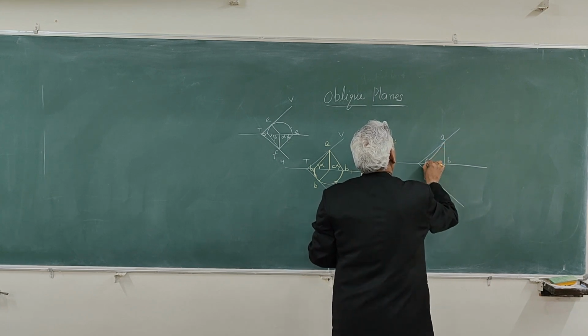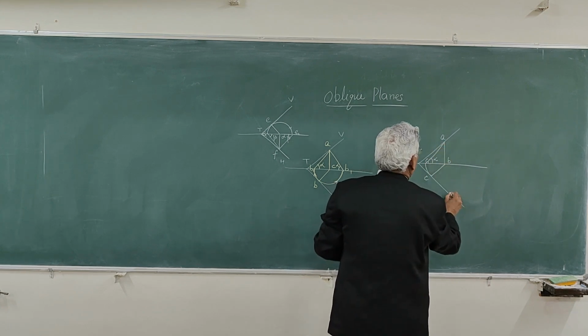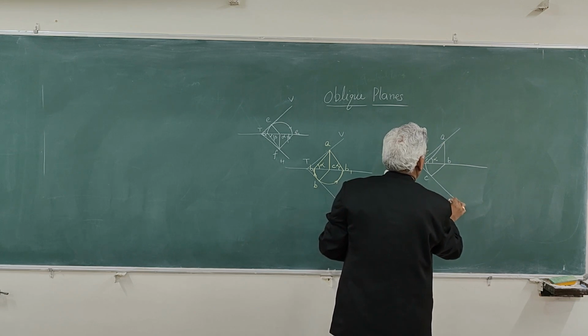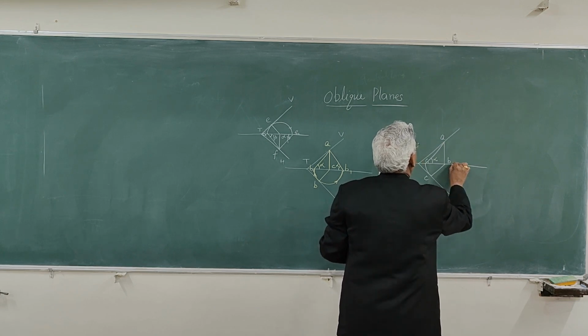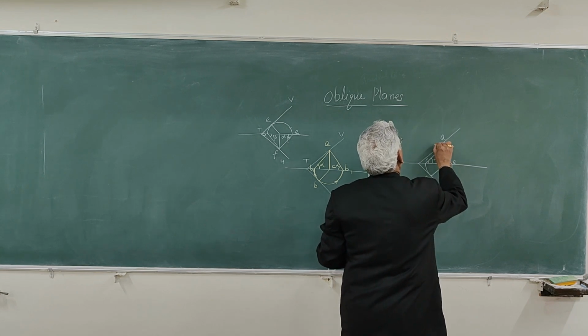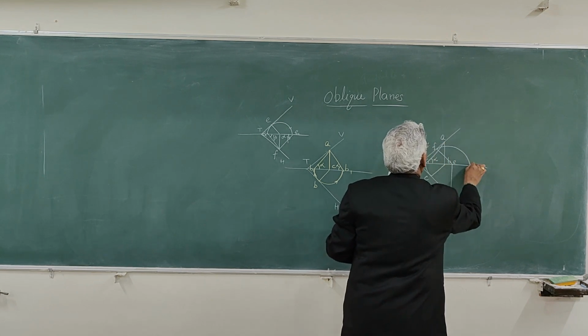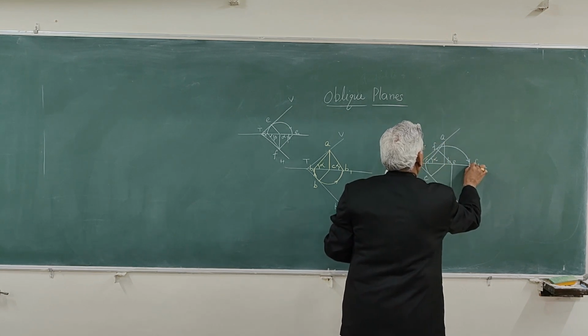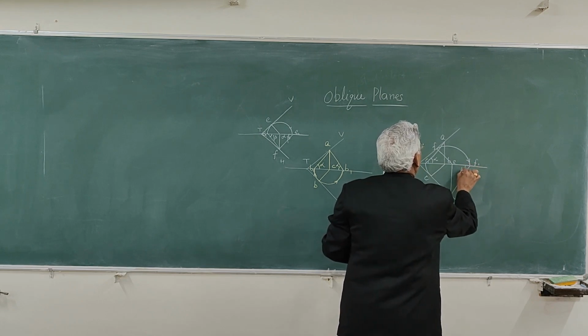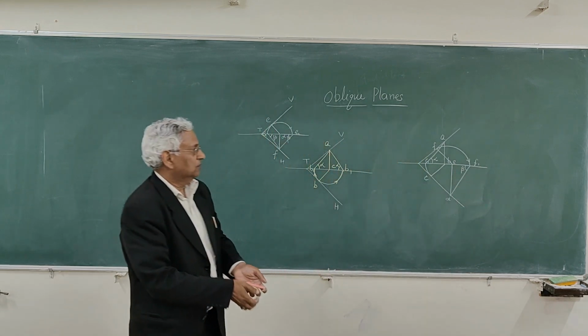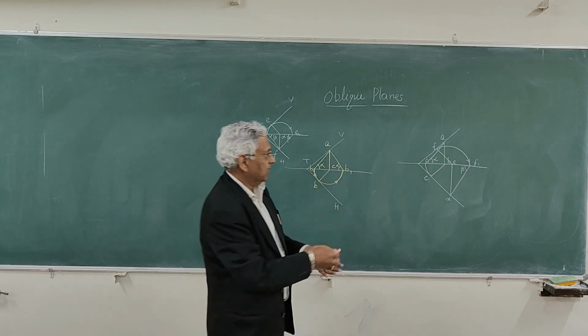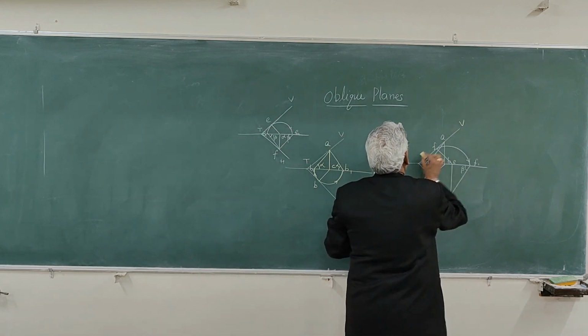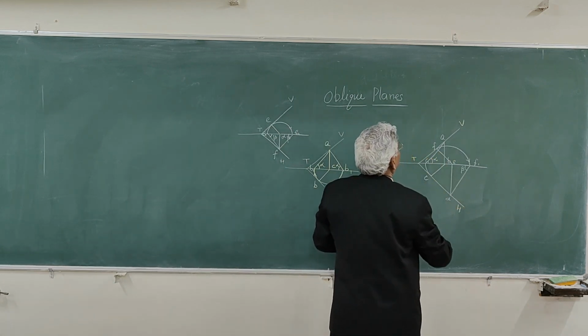This is angle alpha. You take a point D, E, F and rotate it to F1. This is angle beta. That is the combined figure, with the vertical trace and horizontal trace.